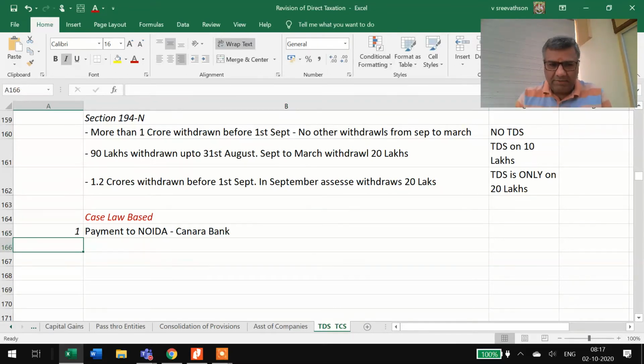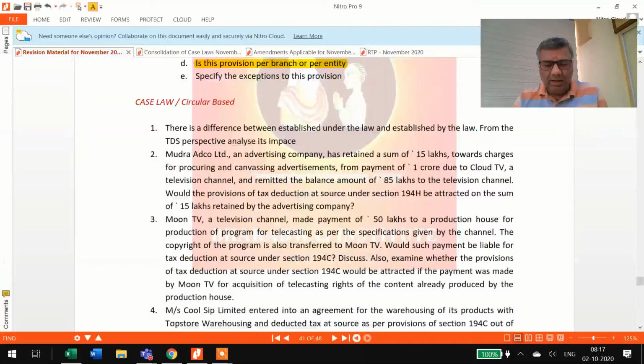You can refer to it in the case law page. I believe this is going to be a question to be asked because of the Supreme Court judgment.